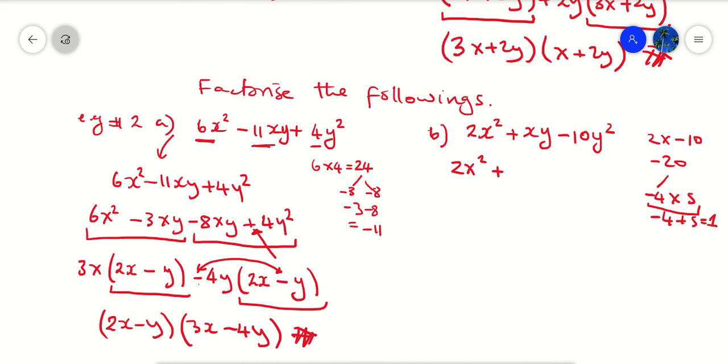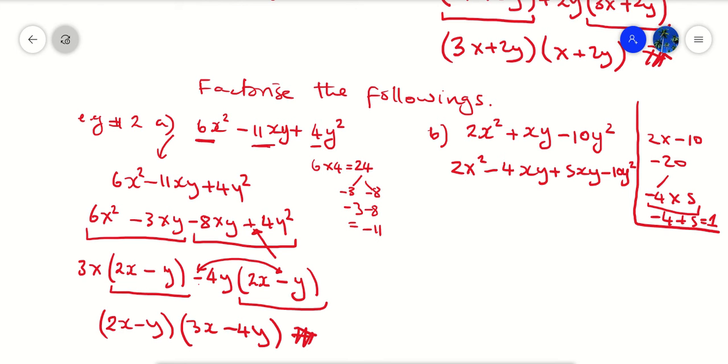I can rewrite this as plus xy. I can rewrite that into minus 4xy plus 5xy minus 10y squared. This was just finding the factors.